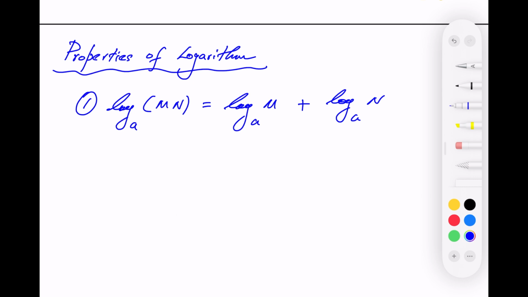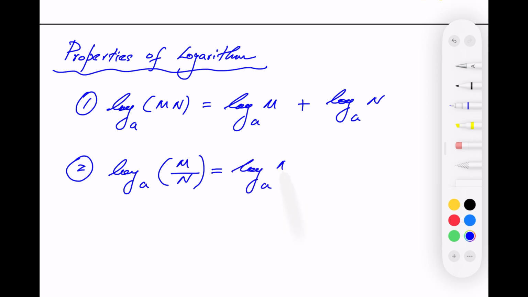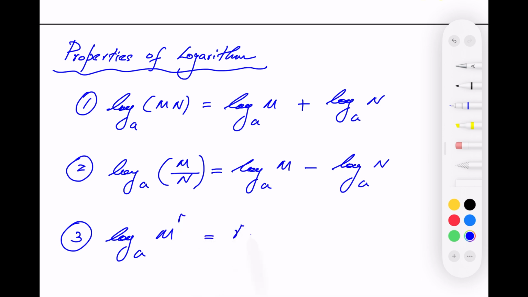The second property is about logarithm base a of m over n, m divided by n. This is equal to logarithm base a m minus logarithm base a n. The third property is logarithm base a of m raised to the power r. This is equal to r times logarithm base a m.